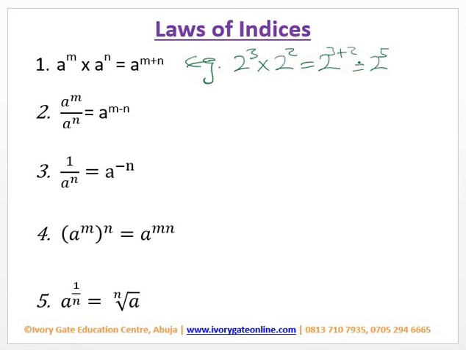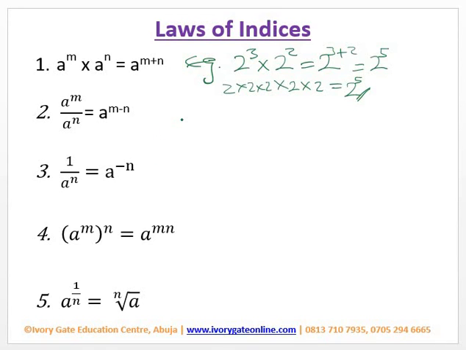If we want to check this, 2 raised to power 3 is 2 times 2 times 2, times again 2 raised to power 2, which is 2 times 2. So you can see that this is now 2 raised to power 1, 2, 3, 4, 5, as we had in the introduction.